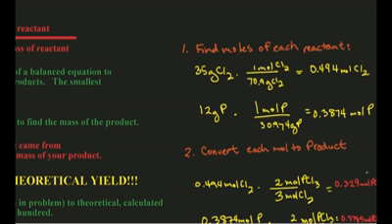Step 1, find the moles of each reactant. You take the molar mass, put it in the denominator, and moles goes on top. Same thing if you divide by molar mass, because the moles inverse will flip and multiply. This is just a little easier for people to visualize the units canceling and seeing what's left.